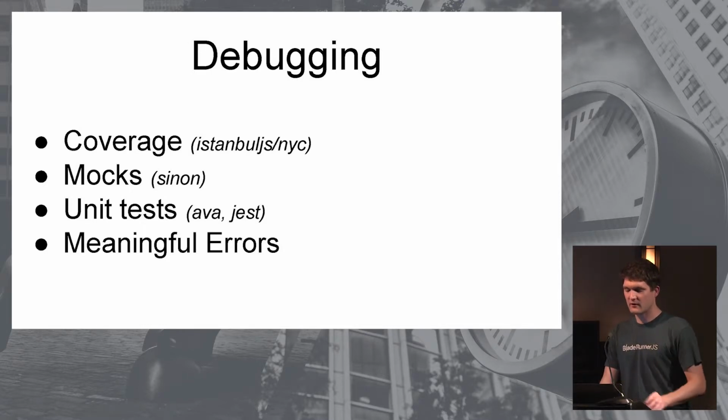All right, meaningful errors. So I mentioned before, if you go to the project's website, which is in the blog post that I talked about earlier, there's a whole list of meaningful errors and things where it's easier to debug with the standard ESM loader. It shows you the code snippets, the line numbers. It shows you what file the import error occurred in.